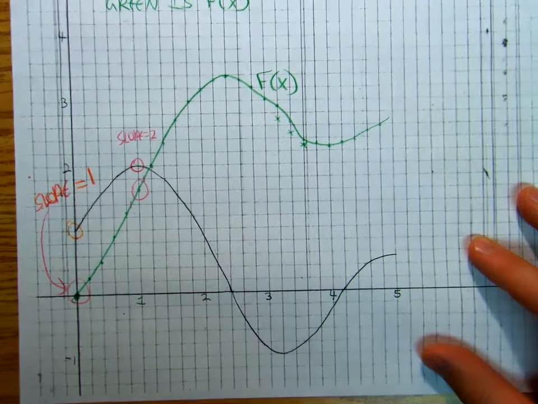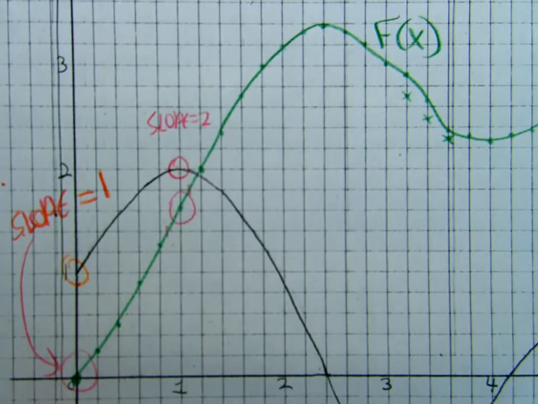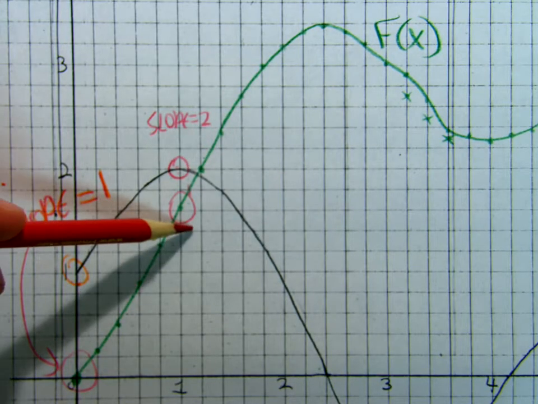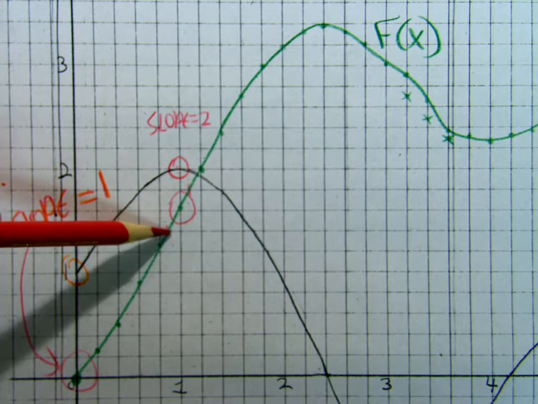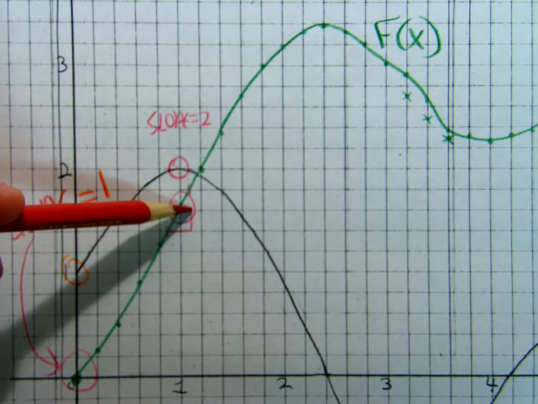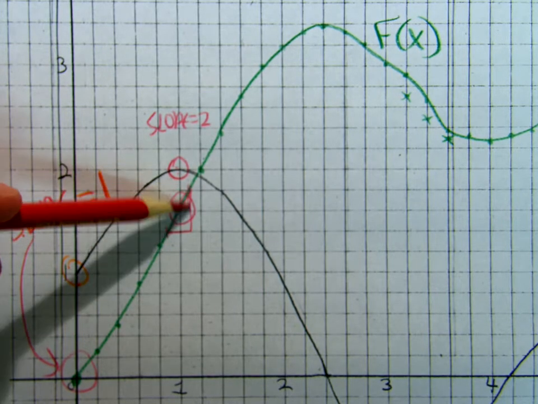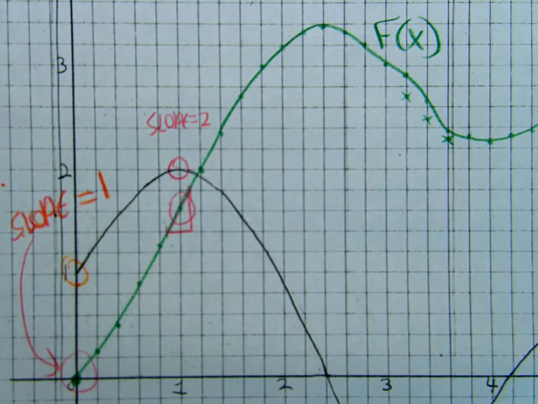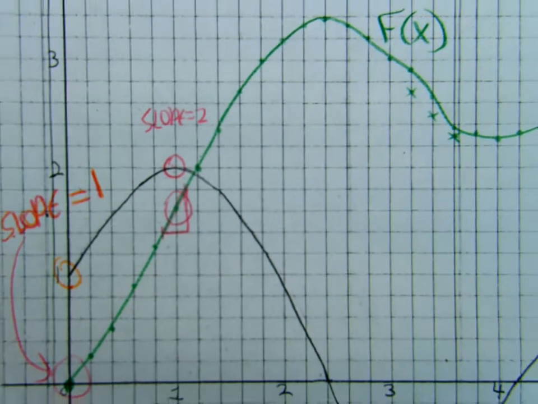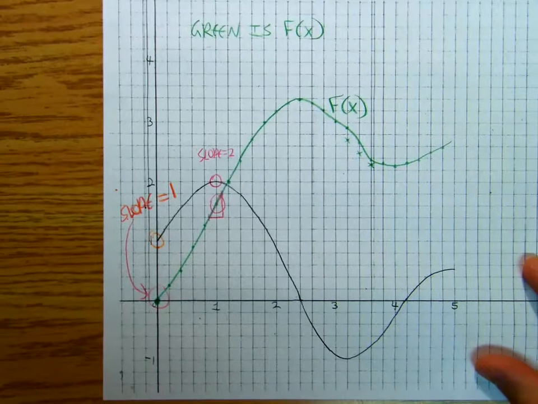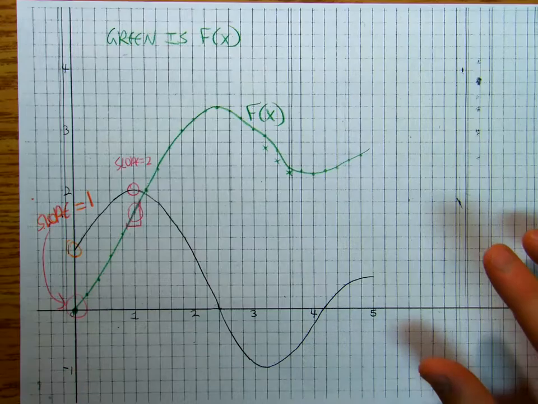You can see that it goes over 1 box and up 2 boxes. So there's a slope of 2.